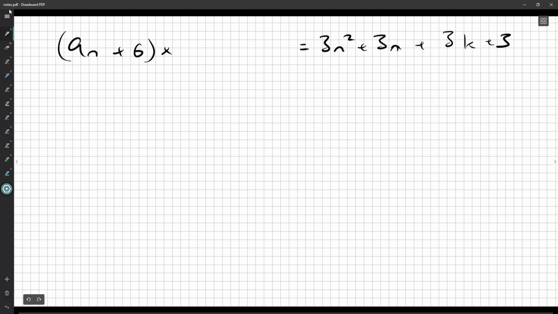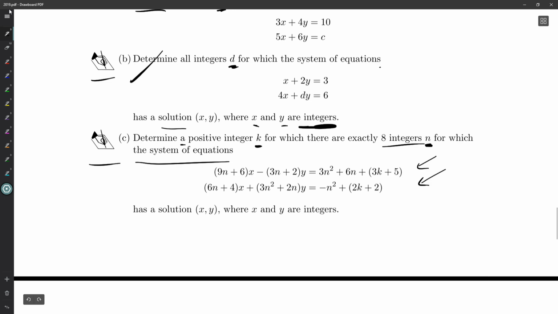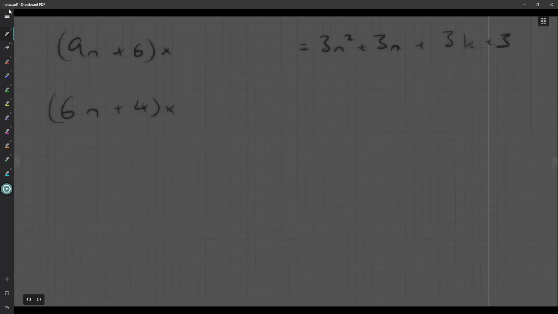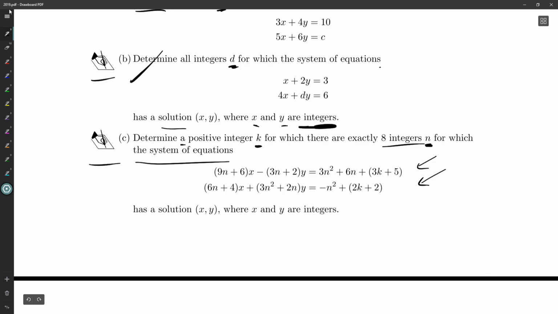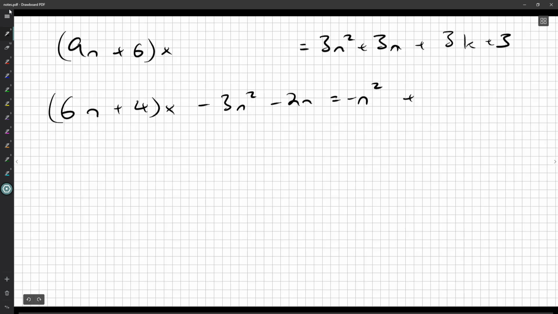Okay, so there's y. We'll also have 6n plus 4x. And then y is minus 1, so we'll have minus 3n squared minus 2n. And that's minus n squared plus 2k plus 2.